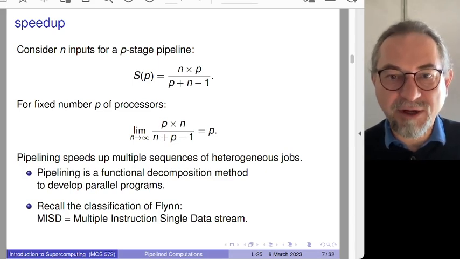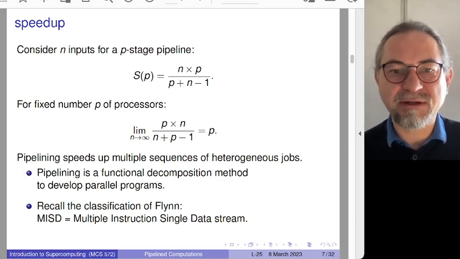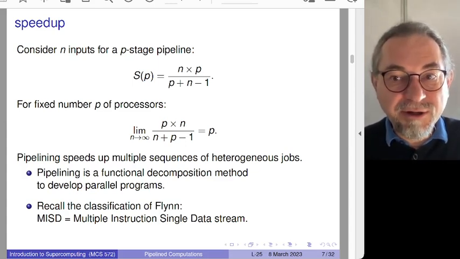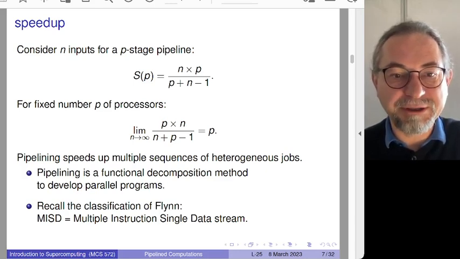That's one way you can justify the limit, when the number of inputs is significantly larger than the number of processors. Again, the scalability question that we have considered in this course many times. When we look at the limit, we have an optimal speedup.